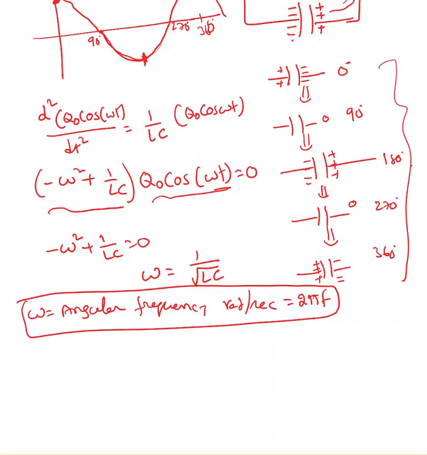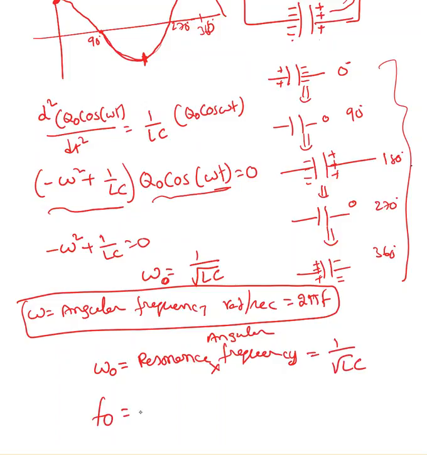Here we call this omega naught. This is called the resonance frequency. Basically this is omega naught, the resonant angular frequency, because it's omega, which is 1 over square root of LC.